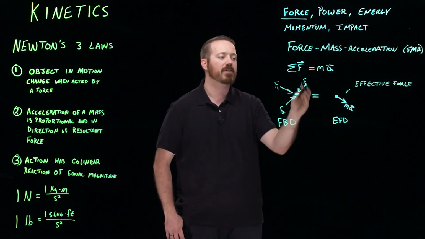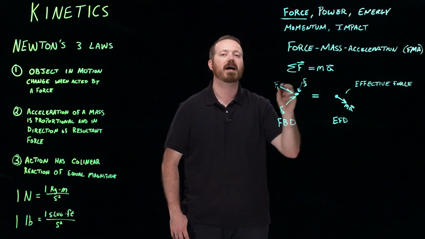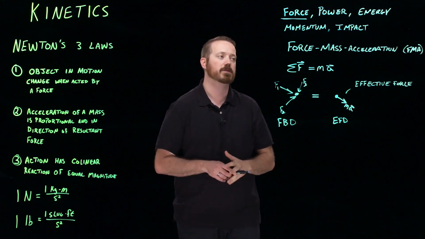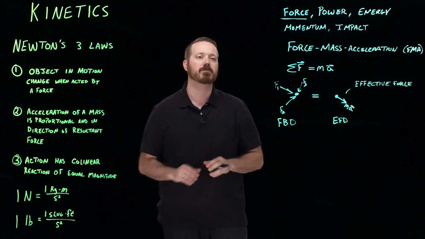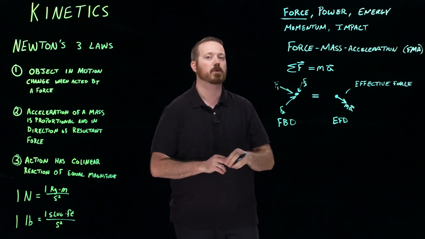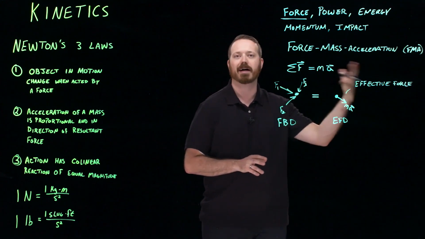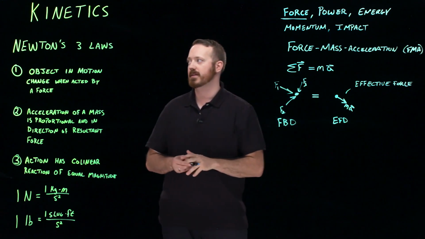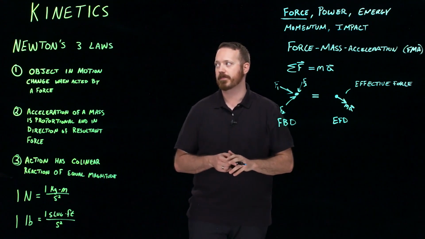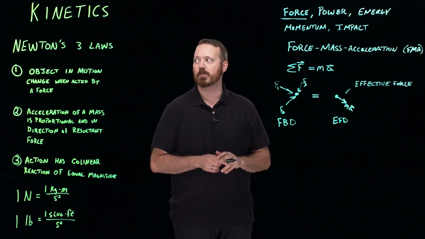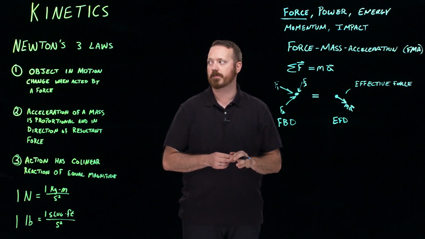Whereas everything that's over on this side, the sum of F, that is your resultant force. So the point of Newton's second law is that these resultant forces must be equivalent to an effective force, the mass times the acceleration. And then they'll both be vectors, of course.